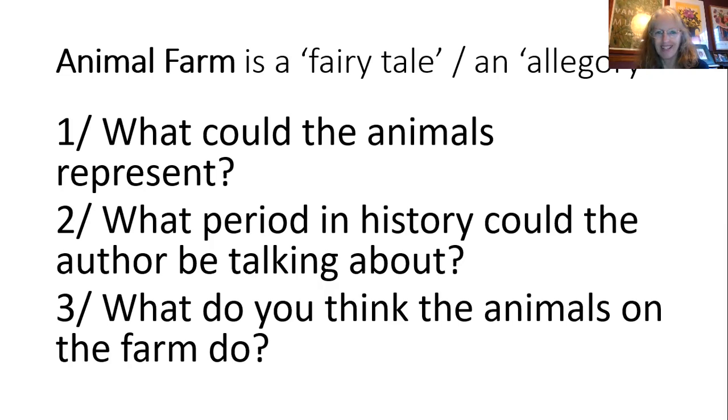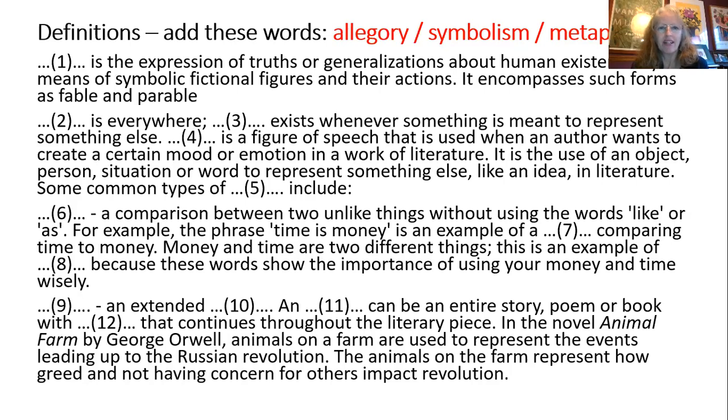Okay, so this is your prediction stage. Before we read, we always understand a lot more if we predict beforehand, if we think we know what we're going to read about. Okay, so this is about the words allegory, symbolism, and metaphor.